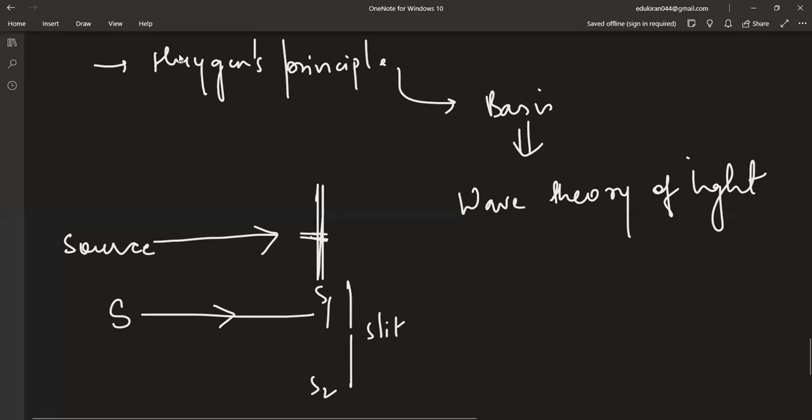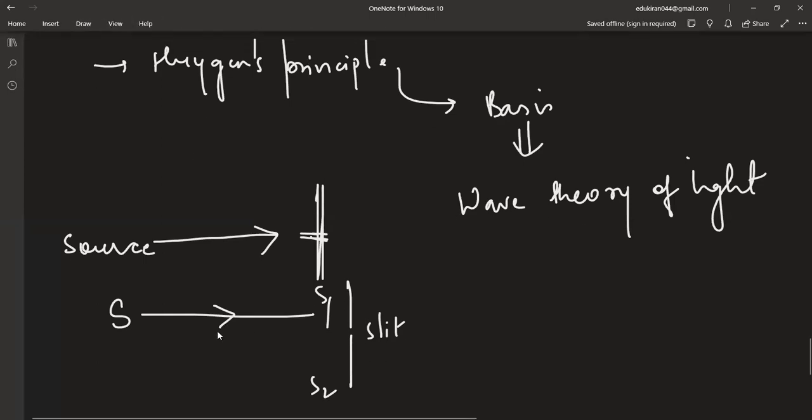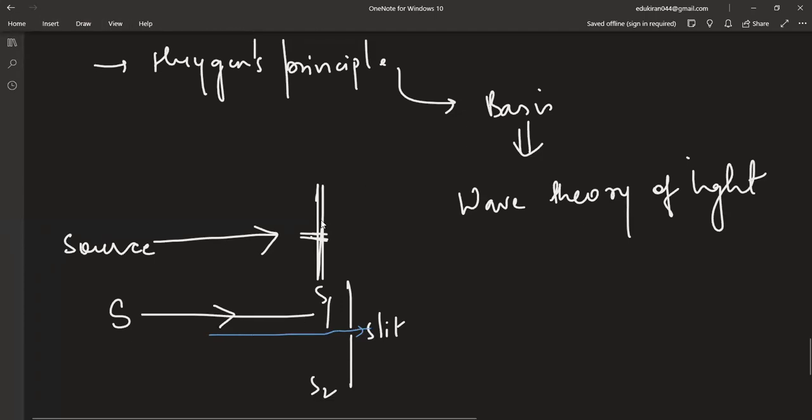Slits are not sources, right? No, no, slits are not sources. Slits are just spaces through which light waves will go. See, we have Young's double slit experiment. Why do we say Young's double slit experiment? Because two piercings have been done.